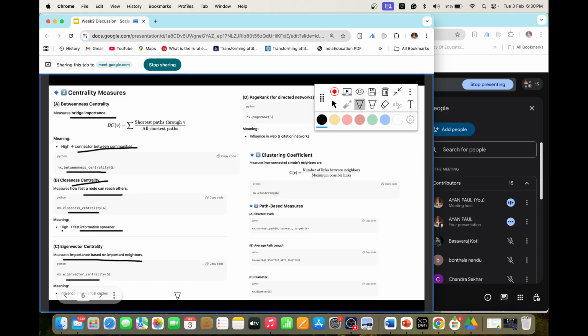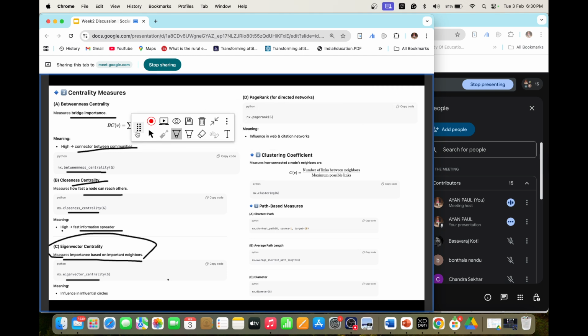By this you can get all these measures. So it identifies influence in an influential circle. Eigenvector centrality measures the importance based on the important neighbors.